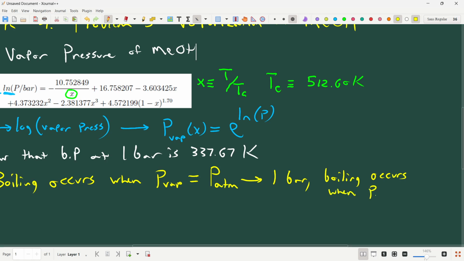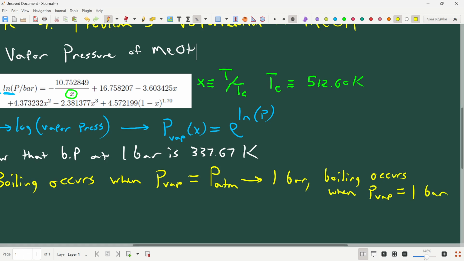You just need to figure out what x value gives you 1 bar of vapor pressure, and that will be the temperature. You'll see that it's that temperature. Just a quick check. That's a good thing to remember, and it's always true: boiling always occurs where the vapor pressure equals the external pressure of the system.